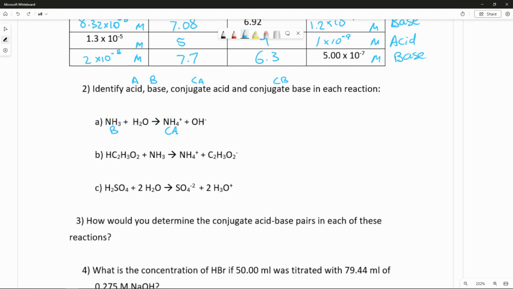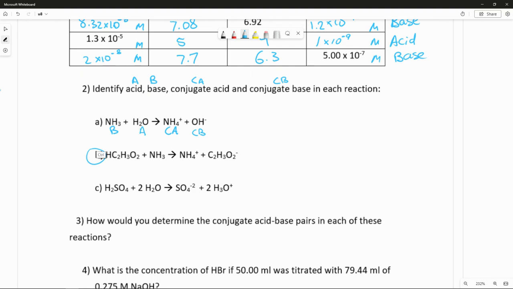So basically, when you determine that something is a base, it flips into the conjugate acid. And since we know that H2O is now an acid, since it gives away a hydrogen to become OH, this OH is going to be a conjugate base. All we do is basically flip.